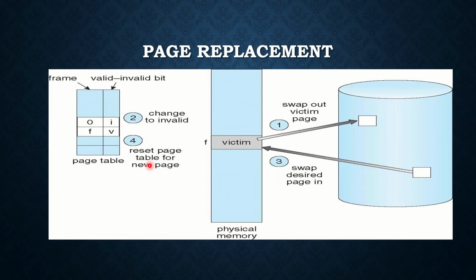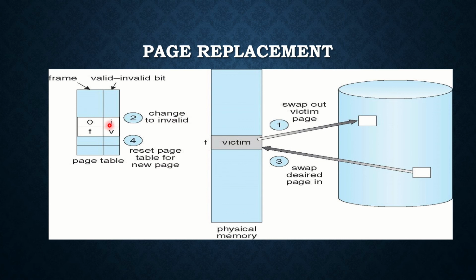This is a basic page replacement figure showing how it happens. Whatever I told, it is denoting with the help of a figure. This is your physical memory, and there is no space in it. The system wants to execute this page, the page with value O, but currently its bit is I. That means O is not there in the physical memory, so it is an invalid bit.